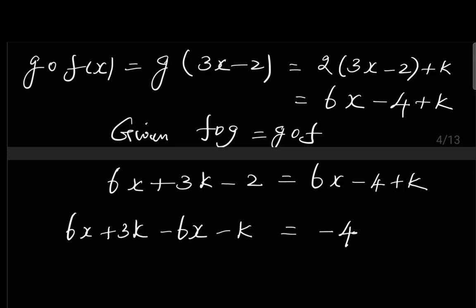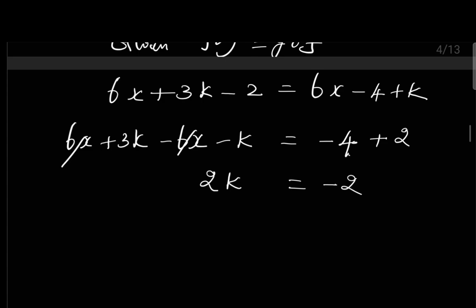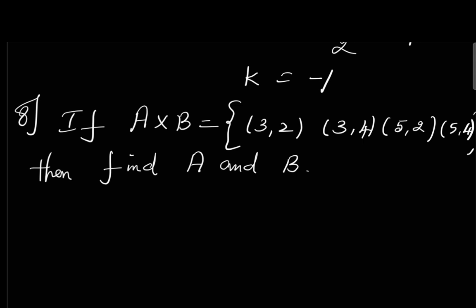You keep the constant on the right side itself, it is minus 4. We are going to transfer this minus 2 to the other side, so plus 2. 6x cancel. 3k minus k is 2k equals minus 2. So k is equal to minus 2 by 2, that is equal to minus 1. So the answer of k is minus 1.